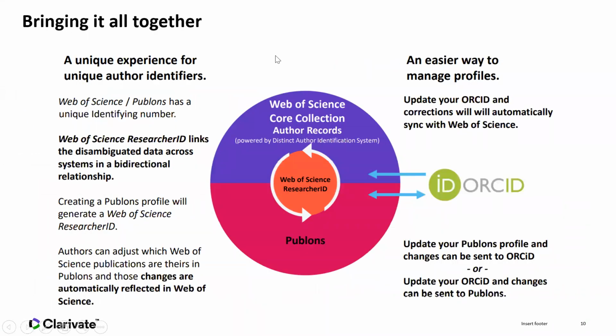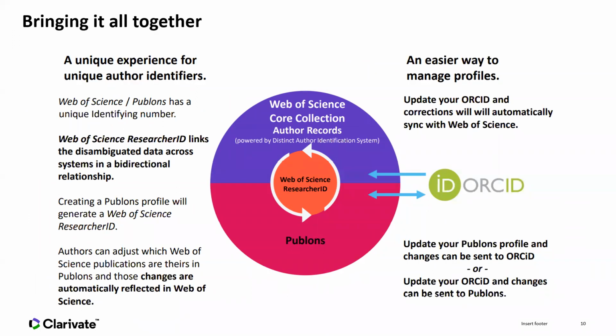So bringing it all together, if we look at Publons, and of course, many of you would think, well, what about ORCID? Well, bringing everything together in one interface means that with the Web of Science Researcher ID that's now available on Publons and the option for you to easier manage your different profiles, you are able to link to ORCID.